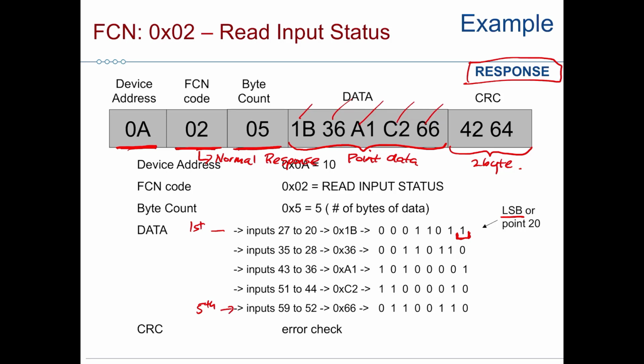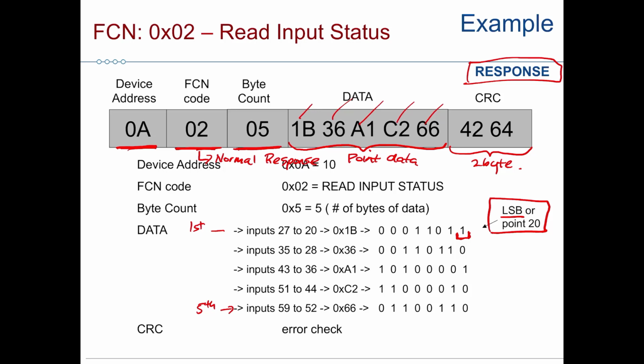So this first bit is where we find the status for point 20. So let's say point 20 was corresponding to a switch where 0 was off and 1 was on. This would indicate that the switch was on because in address 20 we have a 1.